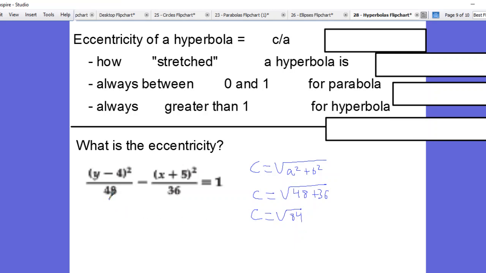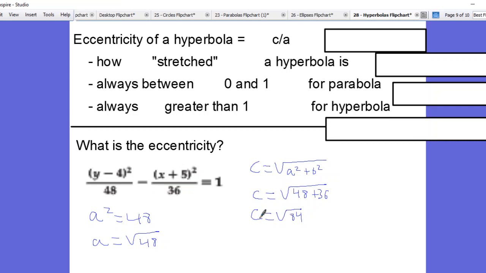And A squared is 48, so A is equal to the square root of 48. And so let's see if we can simplify the square root of 84 and the square root of 48.